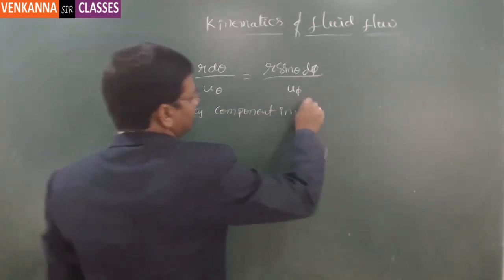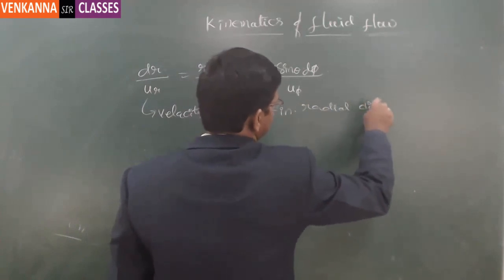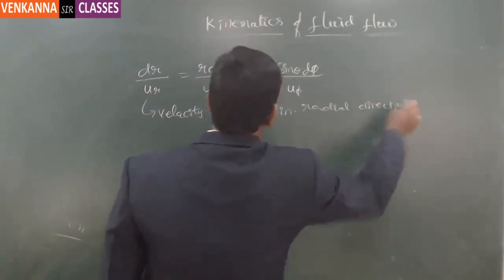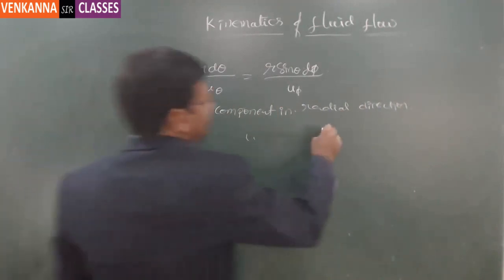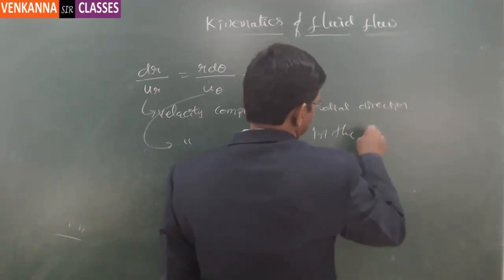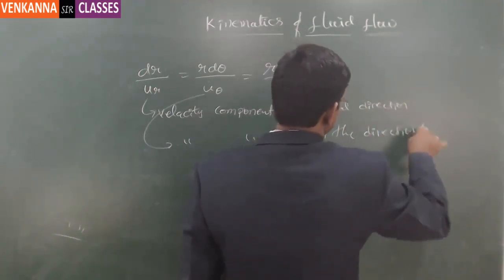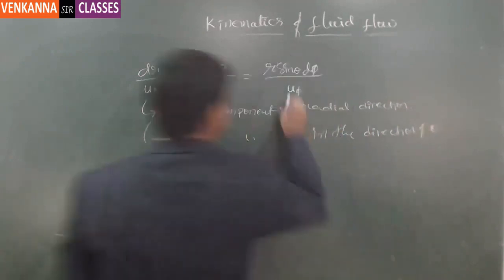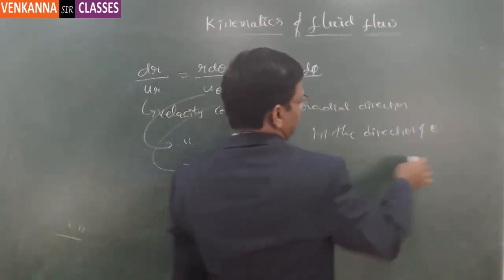In the radial direction, this is the velocity component. This is the velocity component in the direction of theta. And this is the velocity component in the direction of phi.